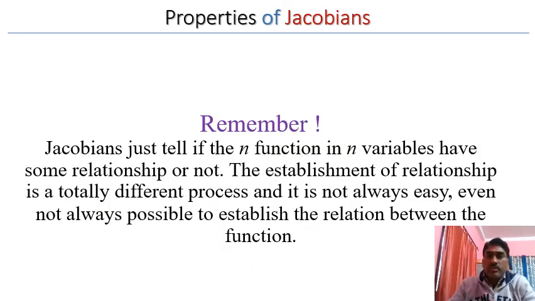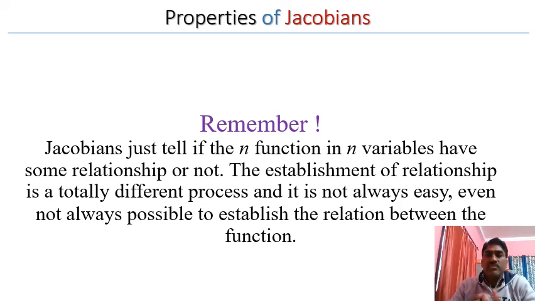It should be kept in mind that the Jacobian just tells us if some functions u1, u2, ..., un in n variables x1, x2, ..., xn have some relationship or not. Means if the Jacobian is 0, there is certainly some functional relationship between the functions, and if the Jacobian is not 0, the functions do not form a functional relationship.